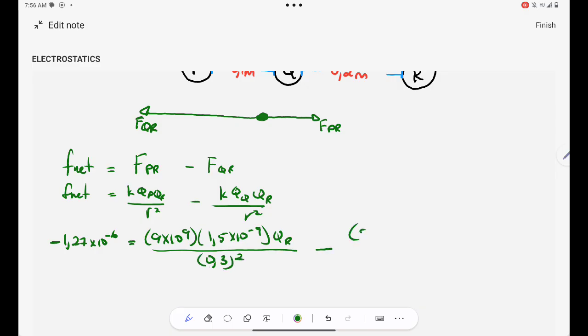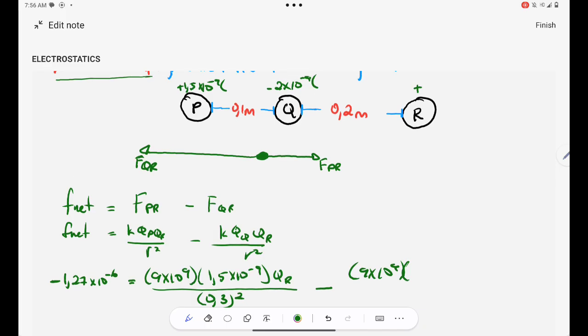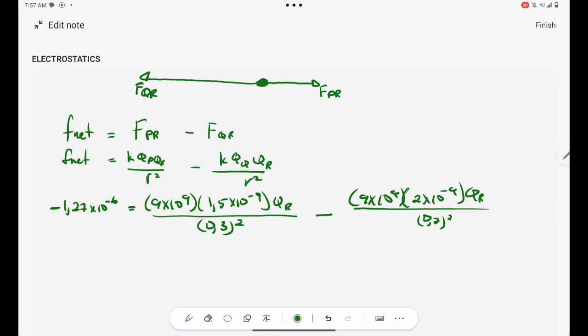This is minus 9 times 10 to the power 9. Excuse me. The magnitude of charge Q is just 2 nanocoulombs multiplied by QR all over the distance between Q and R, which is just 0.2. Okay, and then I still have negative 1.27 times 10 to the power negative 6.